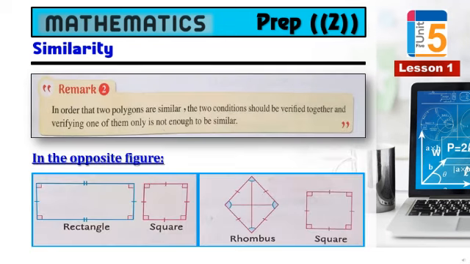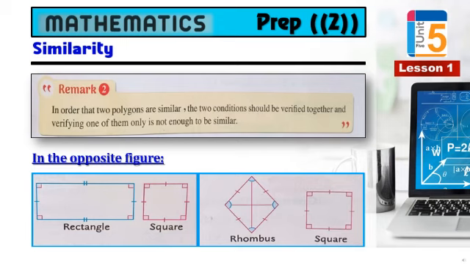Remark number 2. In order that two polygons are similar, the two conditions should be verified together, and verifying only one of them is not enough to be similar. For example, in the opposite figure, the square and the rectangle are not similar polygons, although the measures of their corresponding angles are equal.